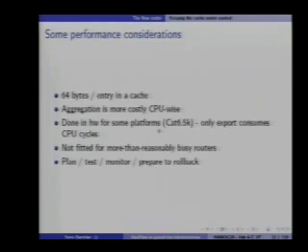Anyway, some performance considerations. Each entry, each flow record in the memory cache, has a size of 64 bytes. I talked about version 8 of NetFlow, which brings router-side aggregation.